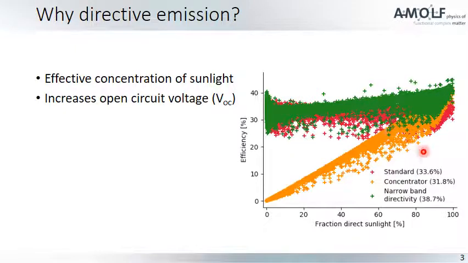And that way we find that we can increase the efficiency on a yearly basis by more than 5%. So that is why we want to go to nanophotonic lenses instead of macroscopic concentrating lenses.